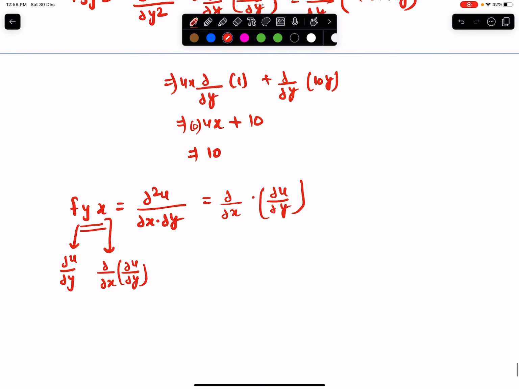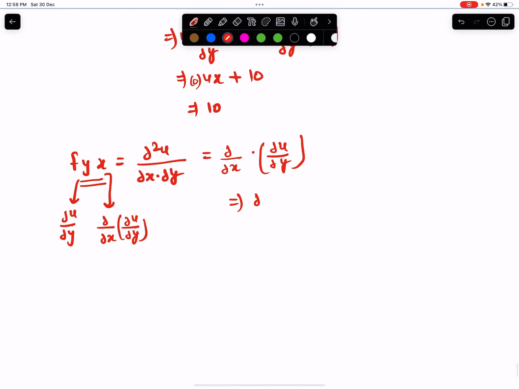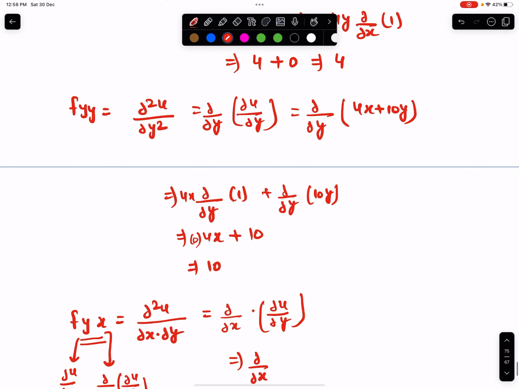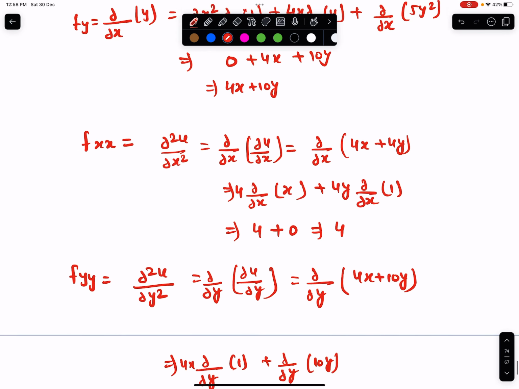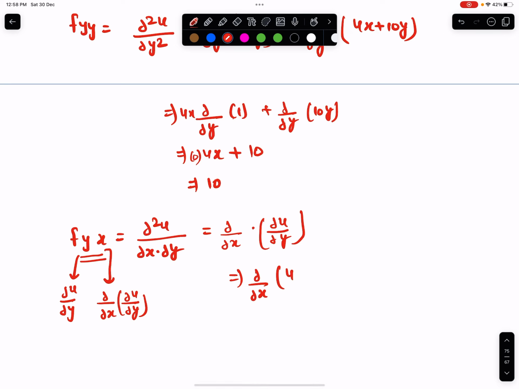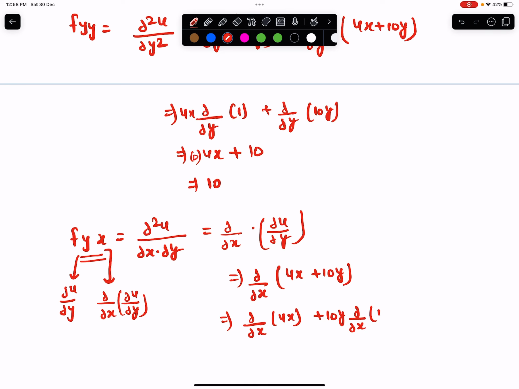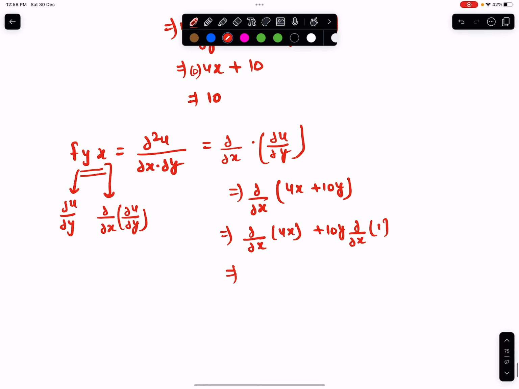So this is ∂/∂x of ∂u/∂y, which is our 4x + 10y. So this equals ∂/∂x of 4x + 10y, that is 4. This is our 4.